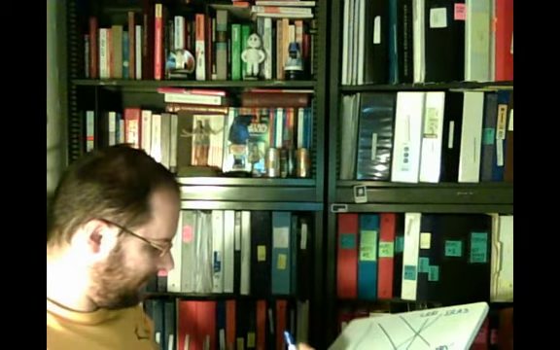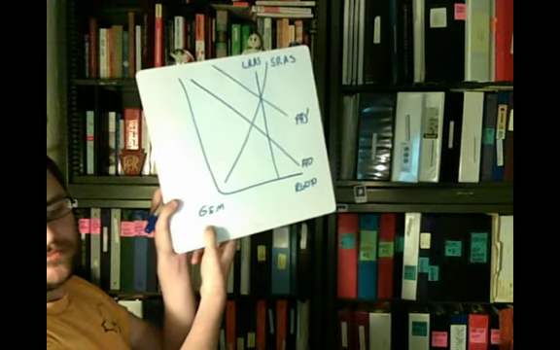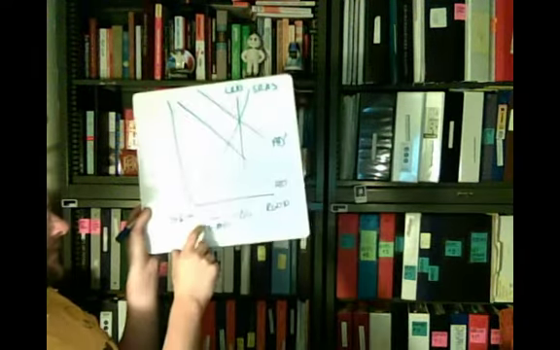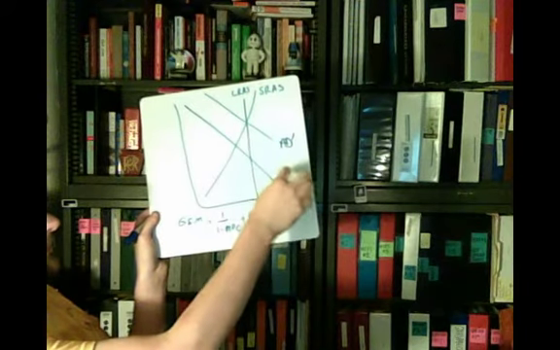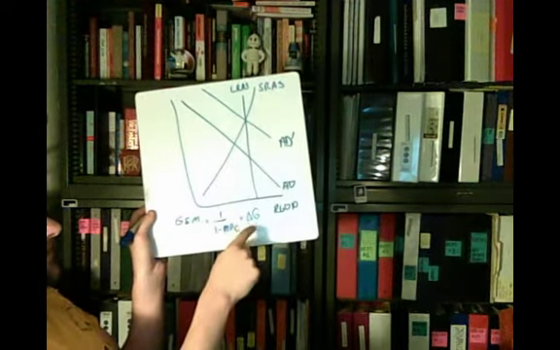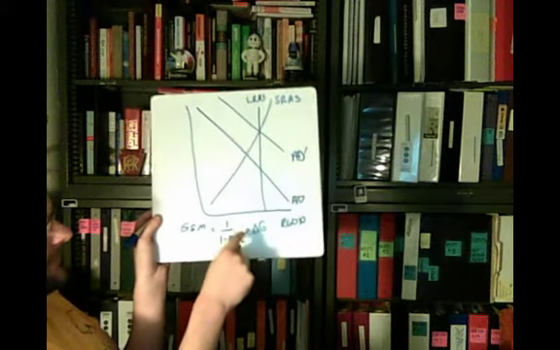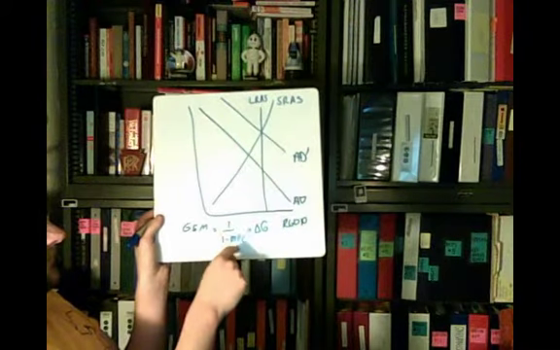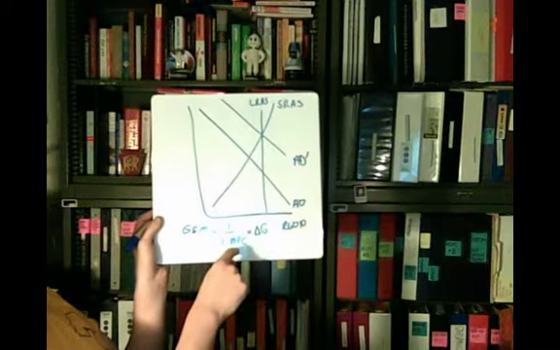Well, you would get this by what's known as the government spending multiplier. And the government spending multiplier, in this case, would be, if you were doing expansionary policy with more government spending, the change in government spending times 1 over 1 minus the marginal propensity to consume.